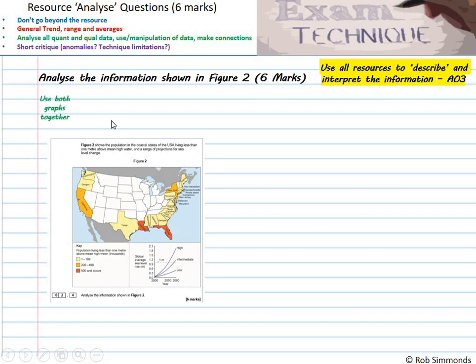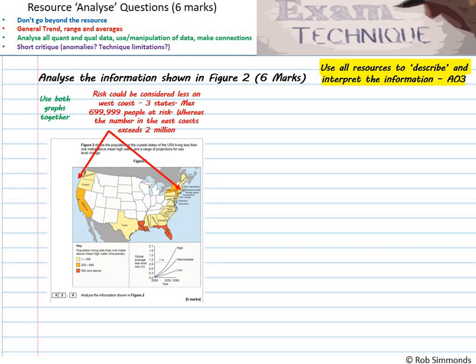So my annotations around this: number 1, I've got to remember to use both graphs. I've then picked out that the risk in terms of number of people living within 1 metre of the sea level is much higher on the east coast, whereas on the west coast it's considerably less.